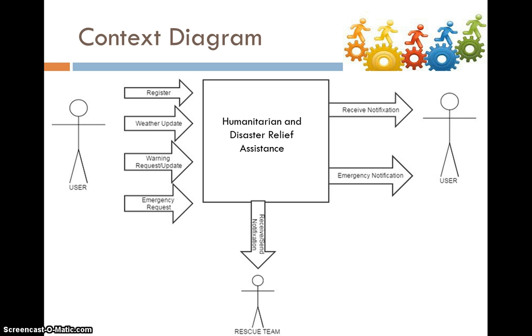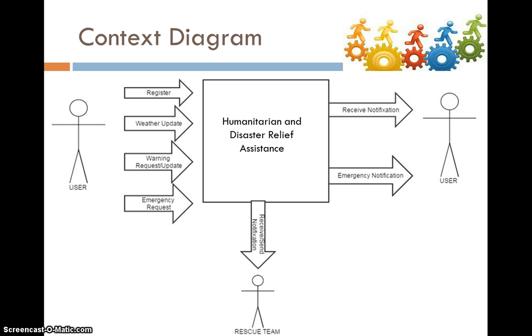As you can see, this is the context diagram of our application. The main crux of this application is the emergency request and its services. But we have added other add-in functionalities into the application which will benefit the user. The primary actors here are the users and the rescue team, but we have many systems in place which are internal to the application.